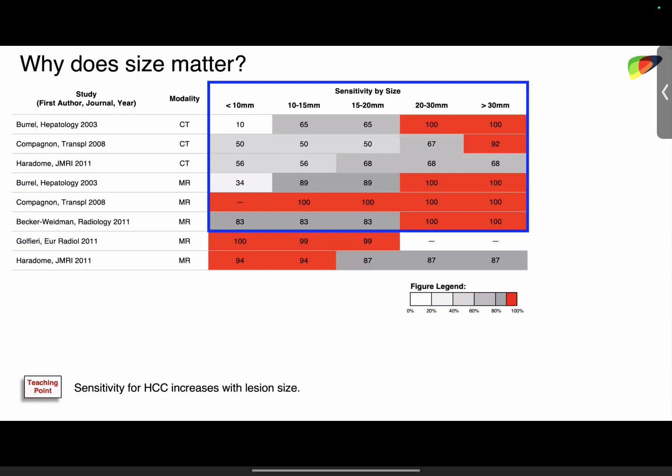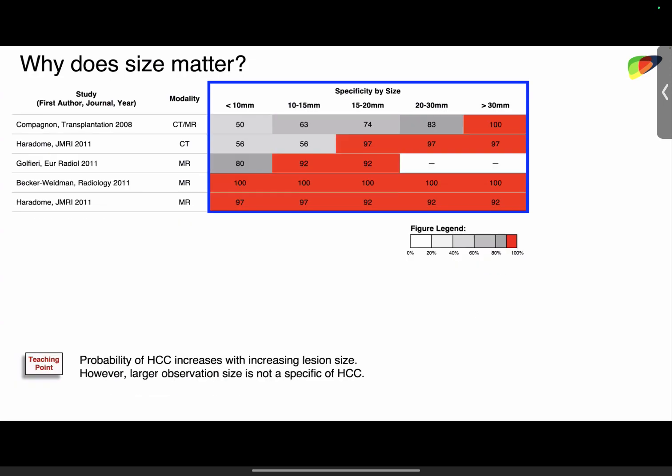On the summary tables, which are color-coded, we can see that higher values are highlighted in red. In general, a higher sensitivity is associated with larger observation size. Also, larger observations are easier to characterize, hence the specificity tends also to be higher with increasing lesion size.